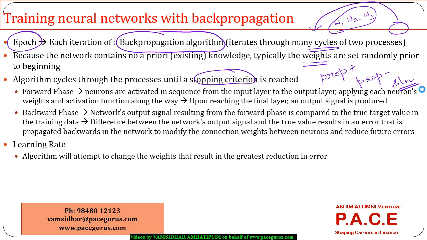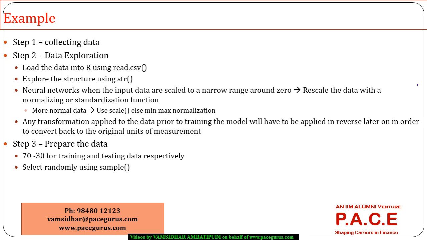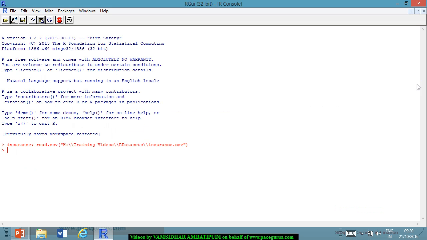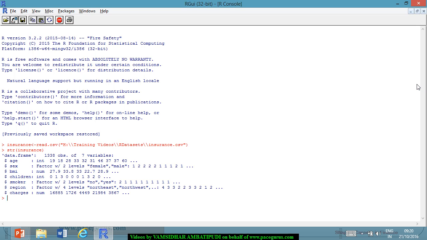So let's get started with the data. Step one, we have collected it. Then we'll try to do some basic exploration of the data. I can look at the structure of the data, so I'll use str of insurance, which says there are 1338 observations altogether and 7 variables.